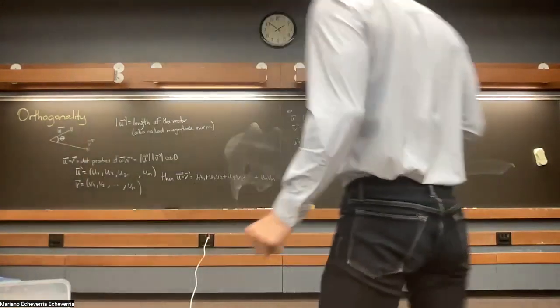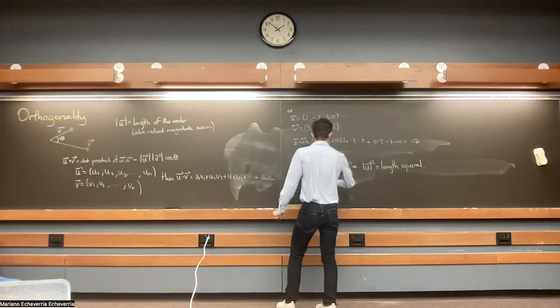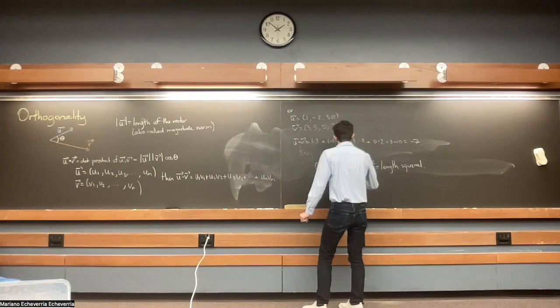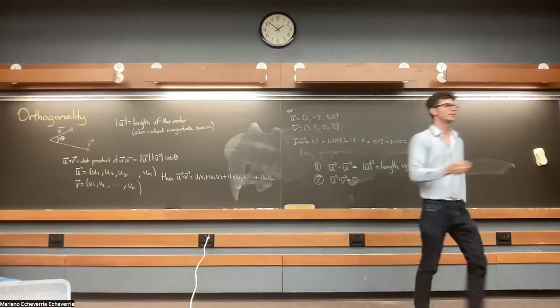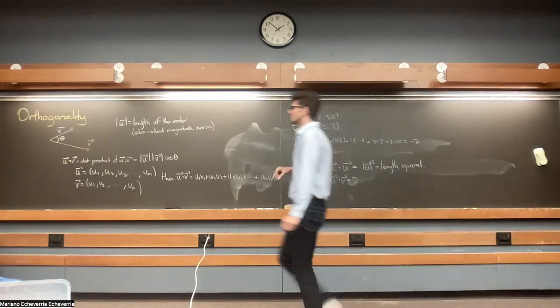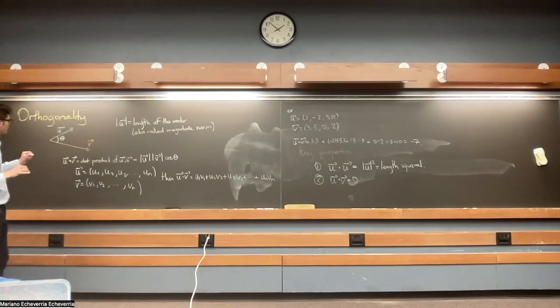And the other important property is, what if you had two vectors whose dot product equals zero? I'm assuming that neither of them is the zero vector, but we don't care too much about that anyway.